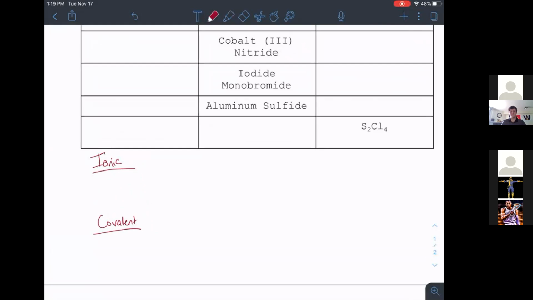Like nitrogen has to end in IDE. Perfect. Is that for ionic or covalent or both? Both. The second element ending gets changed to IDE, and that's for both.